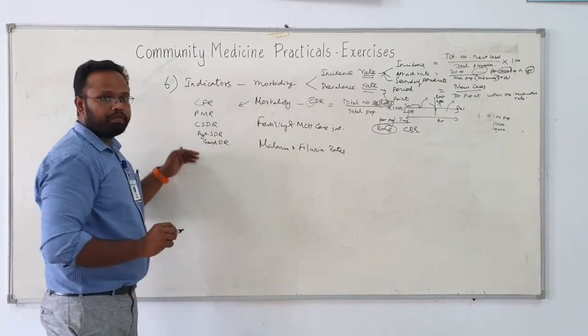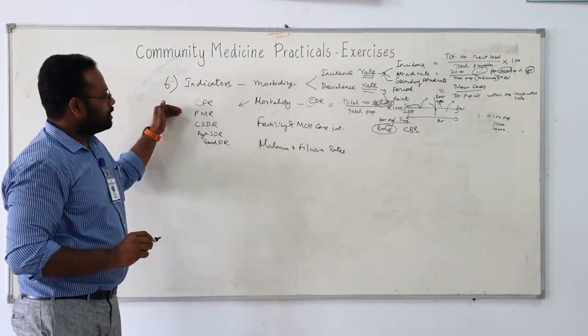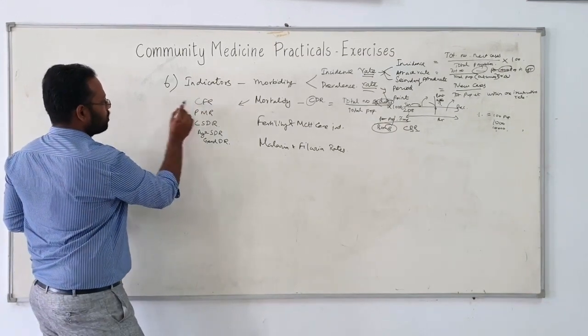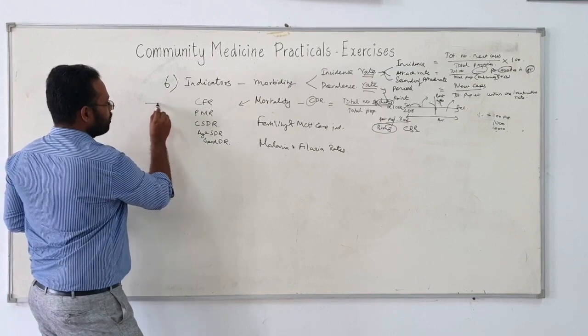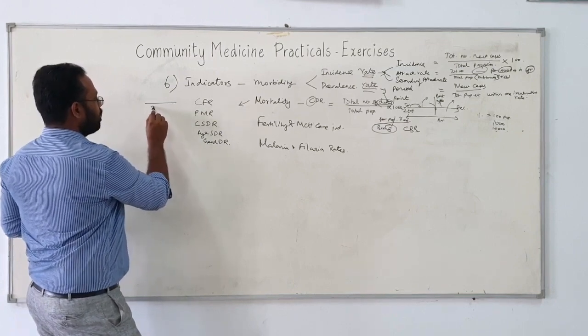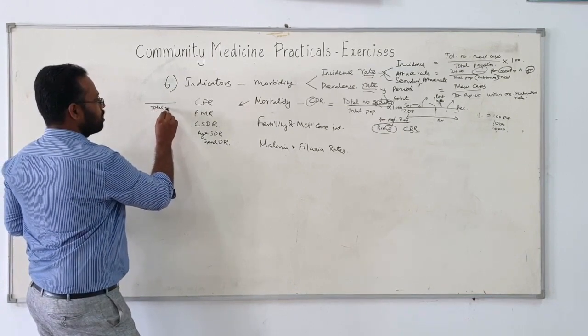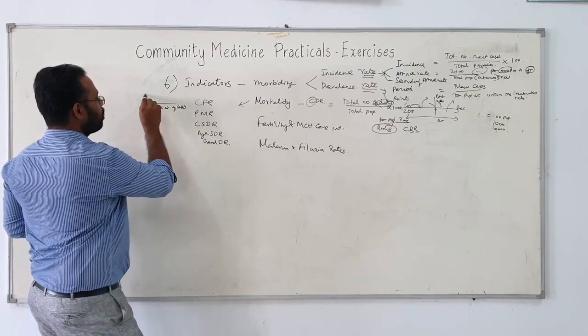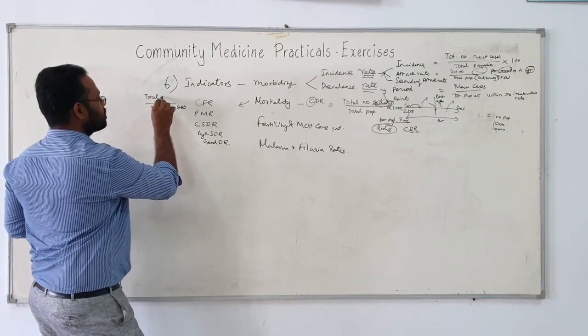You have to be very careful about the numerators and denominators of these indicators. For case fatality rate, the denominator is total number of cases, and the numerator is total number of deaths due to the disease.